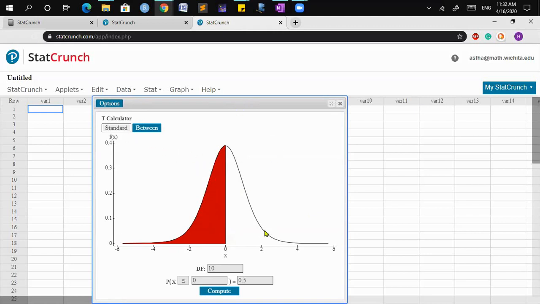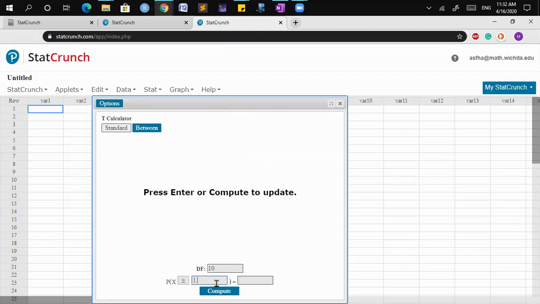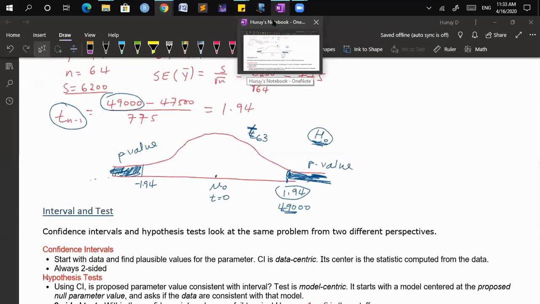All right, so here, finding one area is good enough because it's symmetric, so you just multiply it by 2. Either find the right side or the left side. Now I'm going to find the right side. So our calculated t-value is 1.94. And don't forget, here you have to provide the actual degrees of freedom. So it's 63. And then we have this number, which is 0.028.